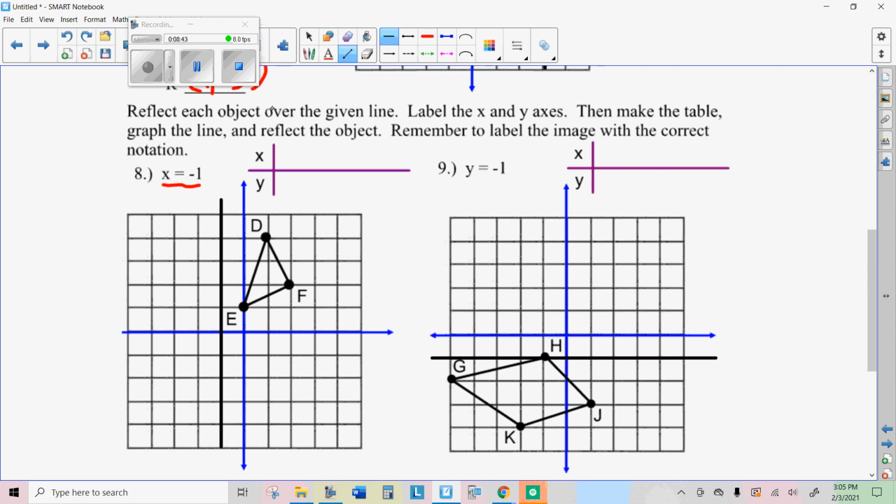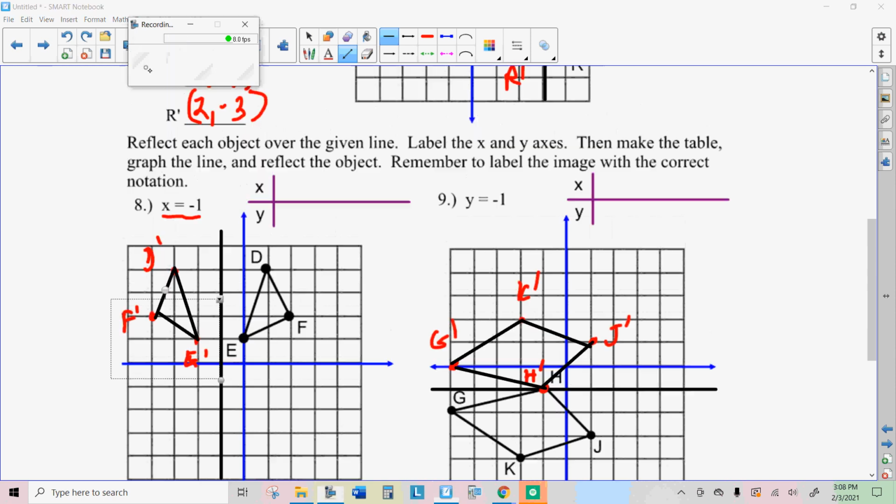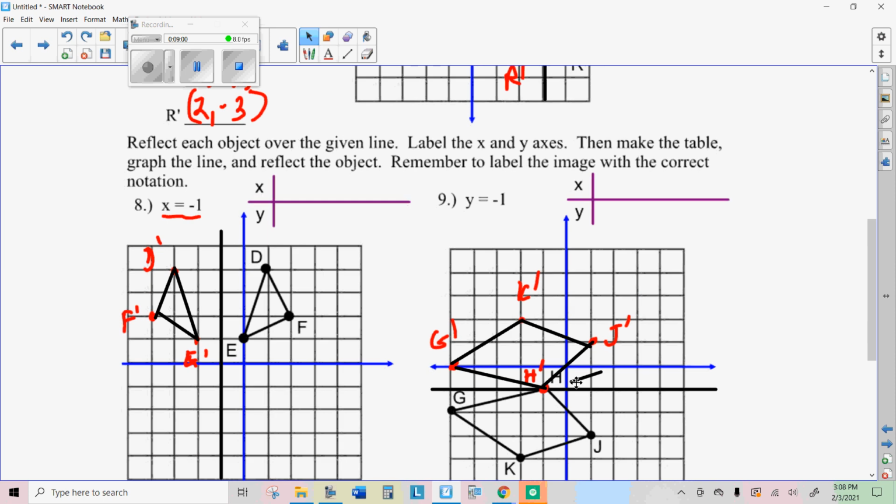Okay, so you're gonna flip that object over those lines I showed you that are in black now. Good. Notice on this one that because one of the points was on the line, the image of H is actually the same as H, and that'll happen.